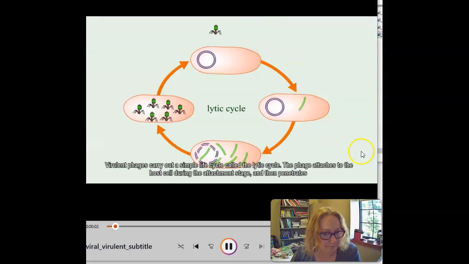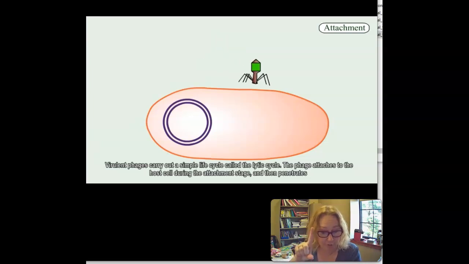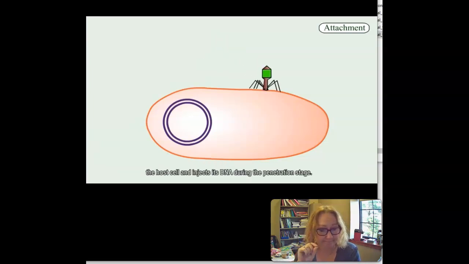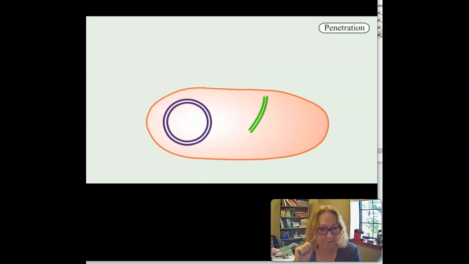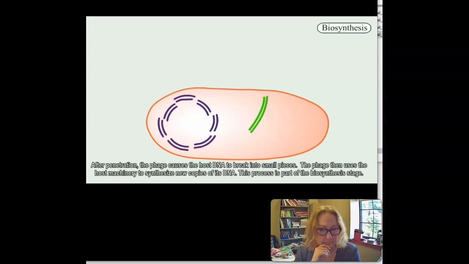Virulent phages carry out a simple life cycle called the lytic cycle. The phage attaches to the host cell during the attachment stage and then penetrates the host cell and injects its DNA during the penetration stage. After penetration, the phage causes the host DNA to break into small pieces. The phage then uses the host machinery to synthesize new copies of its DNA.